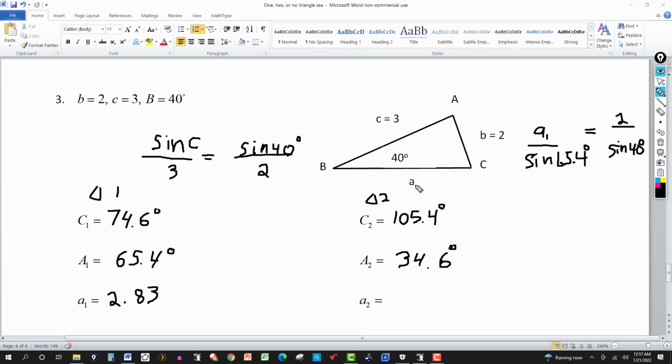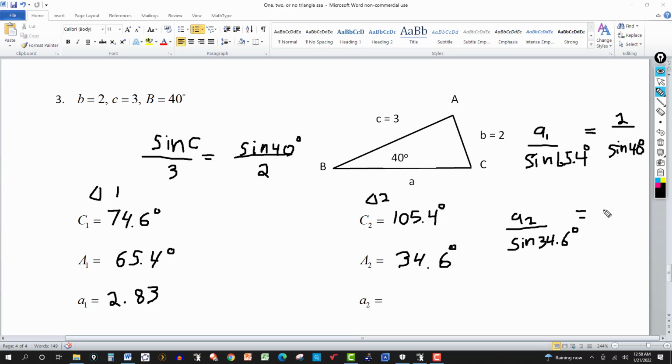So now we need side A, which in this case is A2. So we just have A2 divided by the sine of the opposite angle, which we just found to be 34.6 degrees.